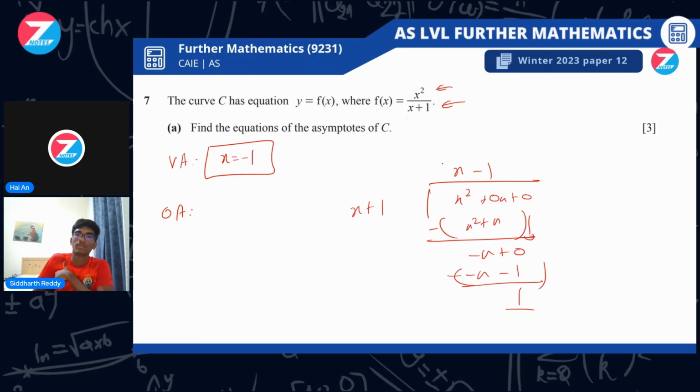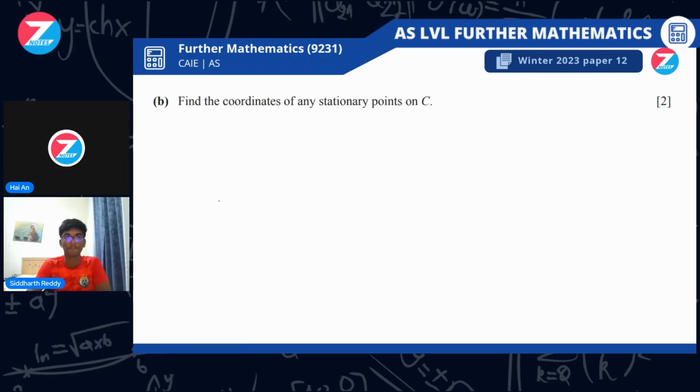So the oblique asymptote is always just going to be the quotient. So the oblique asymptote is going to be y is equal to x minus 1. Okay.